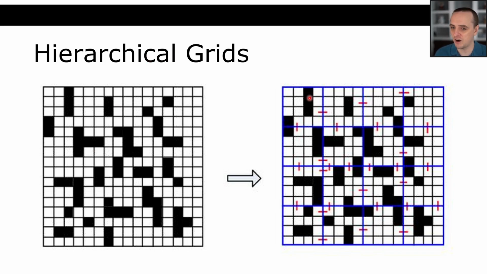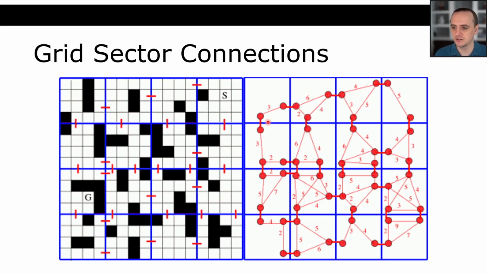So it's like a hierarchical grid, okay? So what you do is you have a grid structure, you break this down into a more coarsely grained grid, and then you impose a graph structure on top of that grid. And then you do pathfinding in the graph, and then later, once you have the path in the graph, you come back and refine the path in the grid, okay?